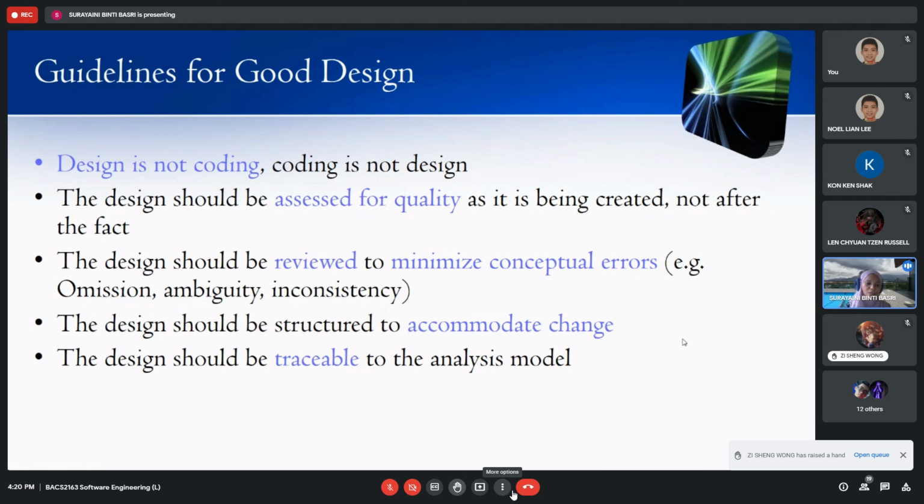Don't suddenly add a new design even though in the SRS there is no requirement or analysis that can be connected to it, because maybe you only think it is a good feature for the future, even though the client never asked for that. So don't do that. Make sure whatever you have designed is traceable back to the analysis that you or your team have done during the analysis phase.